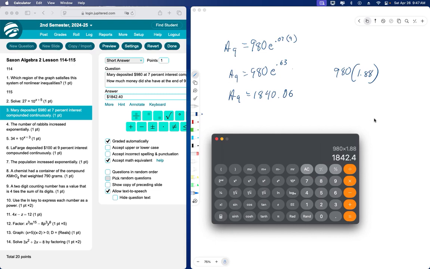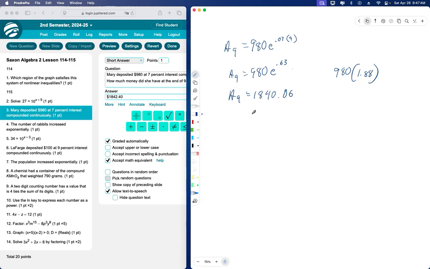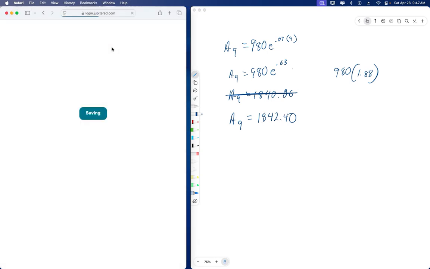That's what I didn't do. I should have rounded it. 1,842.40. Now that matches. So at least I got how to solve it correct. I didn't round it. That was the problem. So not this one. This one is what you want. Okay, so let's go back to looking at the problems.